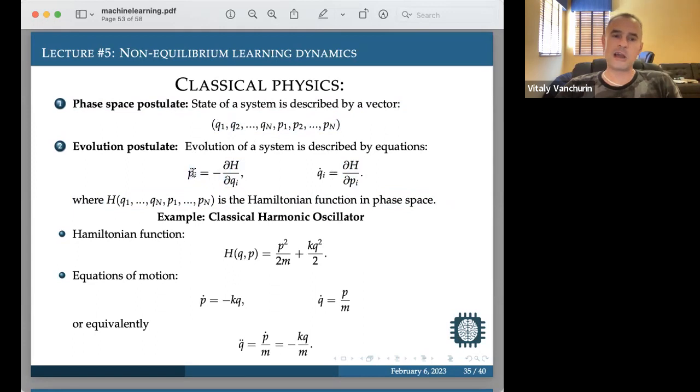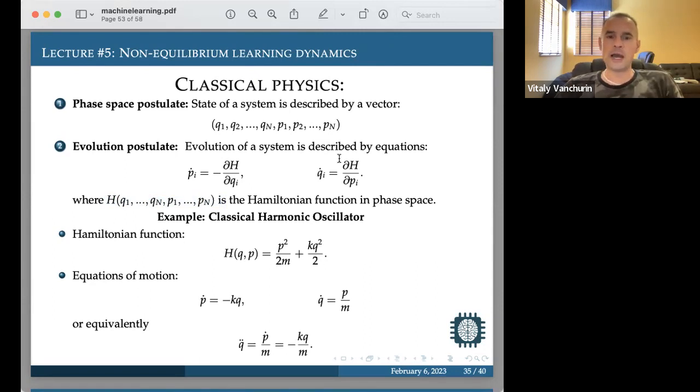So basically, to figure out how Pi changes, dot means dpi dt. You have to find the partial derivative of h with respect to qi. Now, of course, this doesn't tell you that this right-hand side would only depend on qi. It may depend on all others because this function is a function of all those variables.